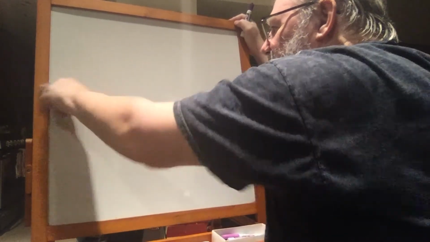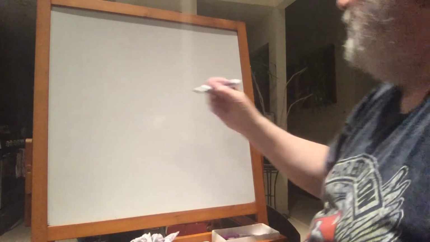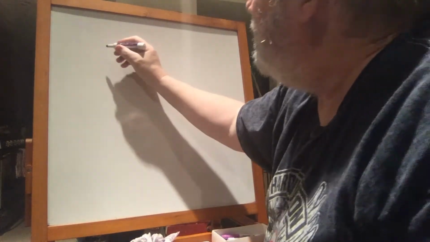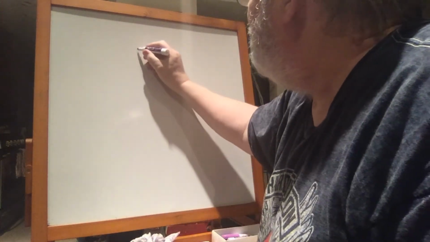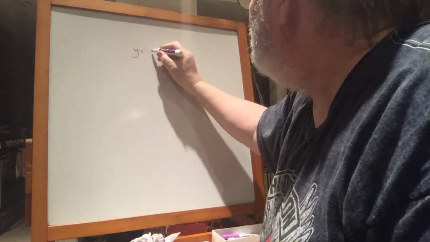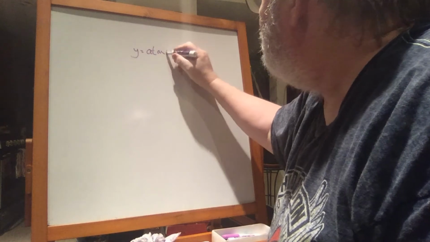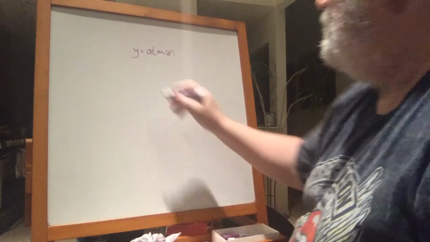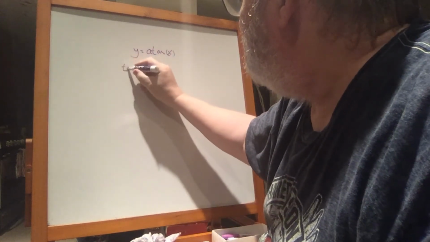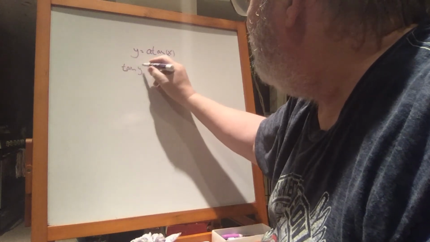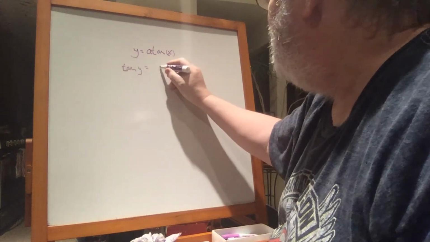And now we have the derivatives of the arcsine and arccosine. Let's try the tangent, okay? So we have y equals the arctangent of x. So the tangent of y equals x.